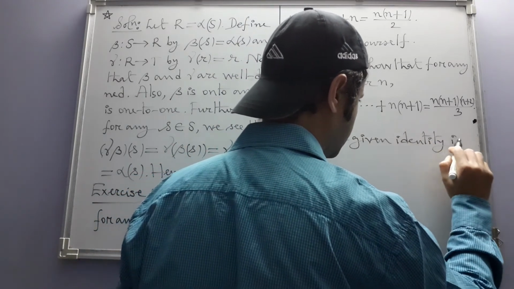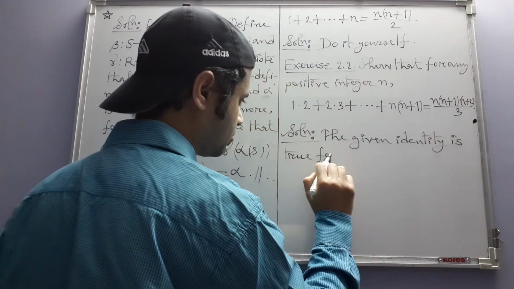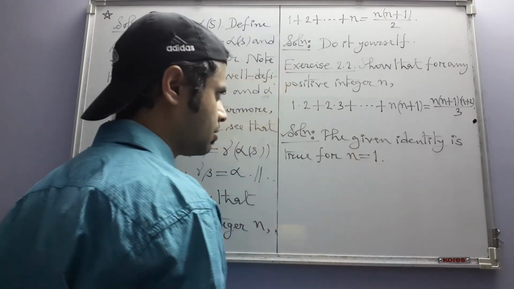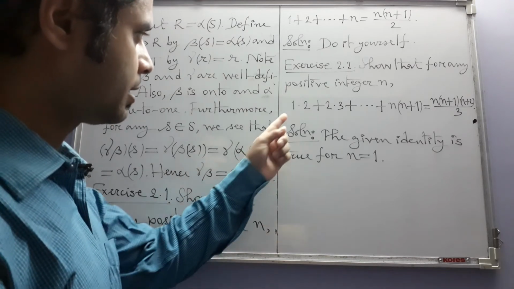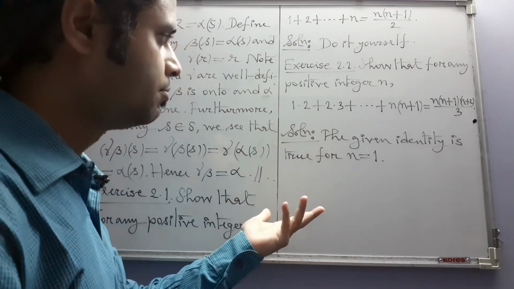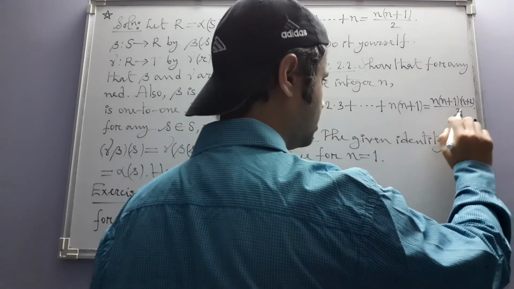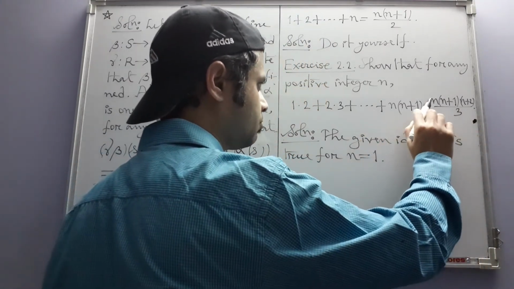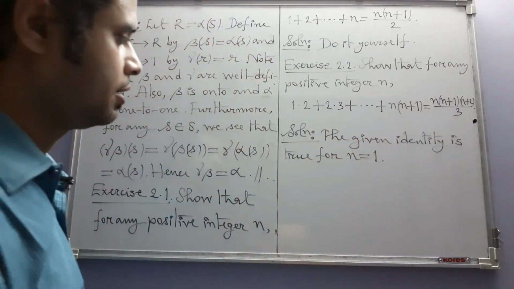The given identity is true for n equal to 1, because if n is 1, then the left hand side is just this first term, 1 times 2, so that is 2. And what is the right hand side? 1 plus 2 will be 3. You can cancel 3 with this 3 in the denominator. In the numerator we have 1 times 2. So they are the same.